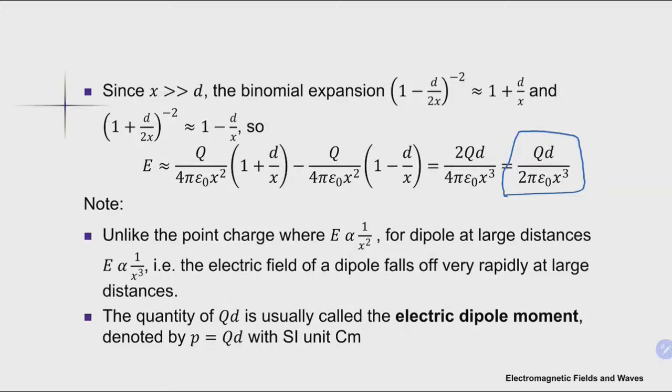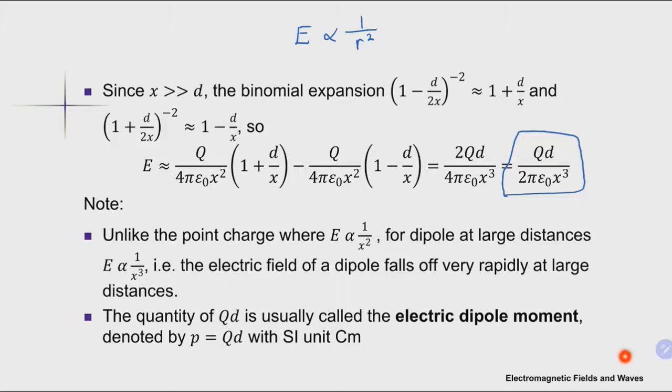Okay, so what's the significance of that? Earlier on, we said that close to the charge the field decays by r squared. If you go further, it decays by r cubed. So it means that if you go further away, the electric field decays much faster, at the rate of r cubed, or x cubed in this case.